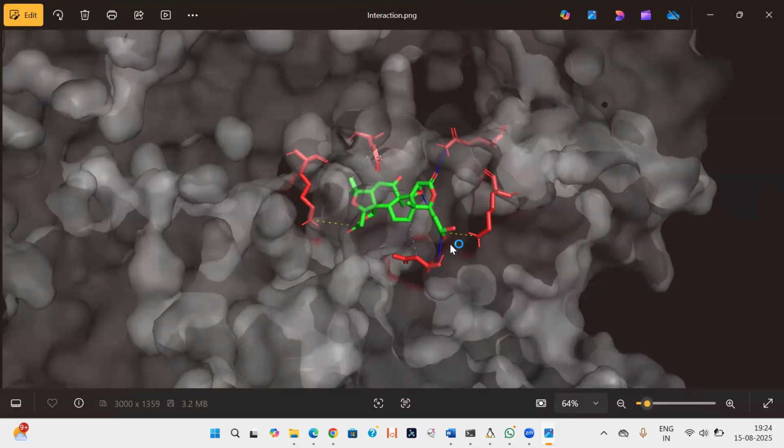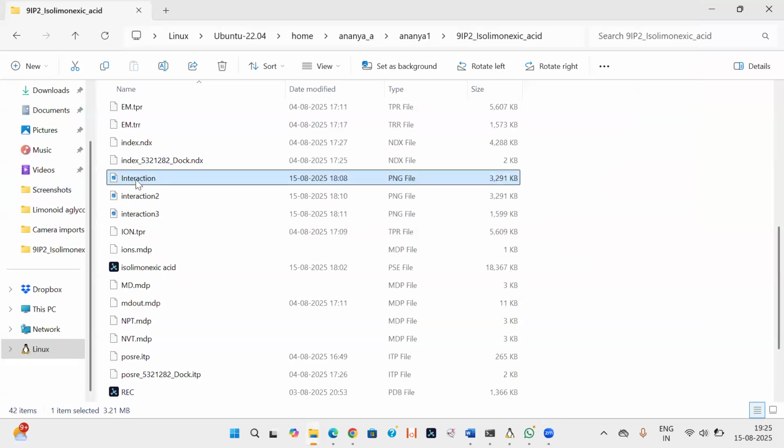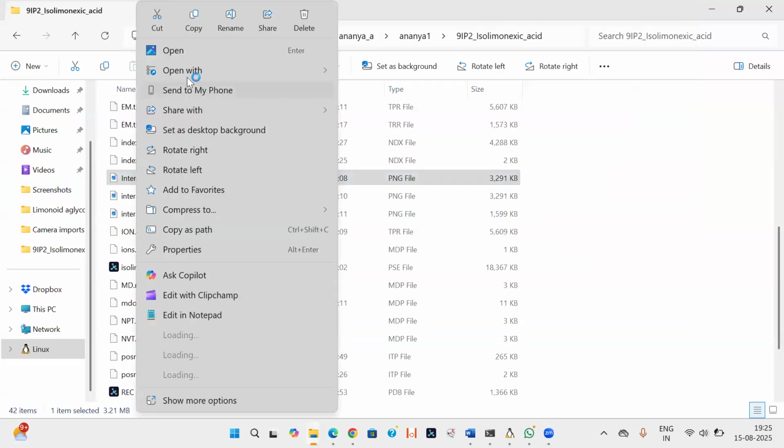You want to remember which ligand is lying where or which residue is lying where. For that purpose only you have to use this. Generally, we will edit using Paint. Do one thing: take a copy of it, close it, and copy this image somewhere. We should always have some backup.